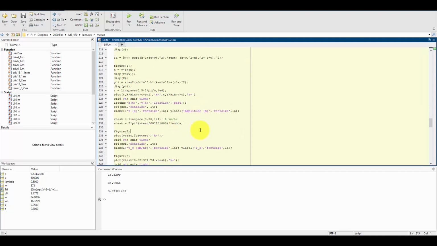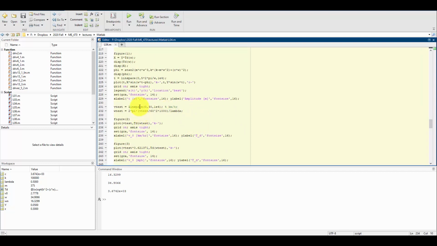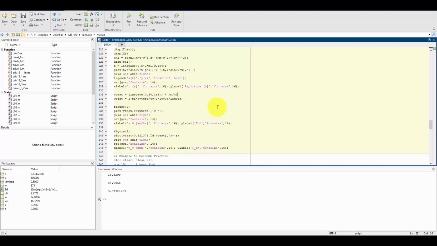So I'm going to try various speeds from 0 to 30 kilometers per hour, since that's the form the speed was given to us in. Those are the test velocities, so faster than the 10, slower than the 10 as the baseline that we just looked at. Then I need to convert those into angular frequencies, which we did in the previous problem, but now I'll do this all at once.